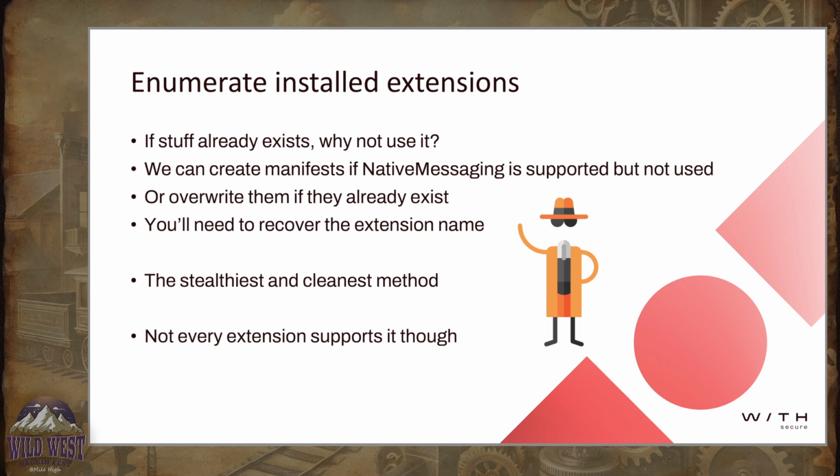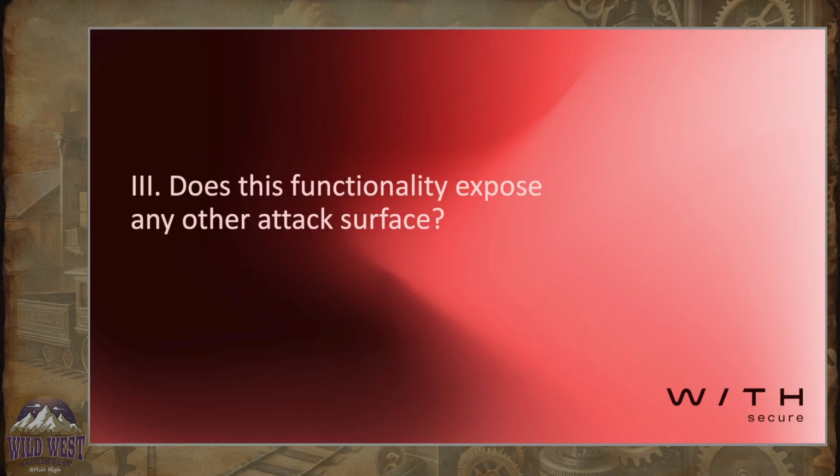So it's always worth a check to see if stuff already has it. And obviously, if all the extensions installed on the machine do not have native messaging permissions, we could use one of the other methods to try and install an extension which did, right? And this can actually set us up for some further offensive steps, which we'll get onto in the next slide.